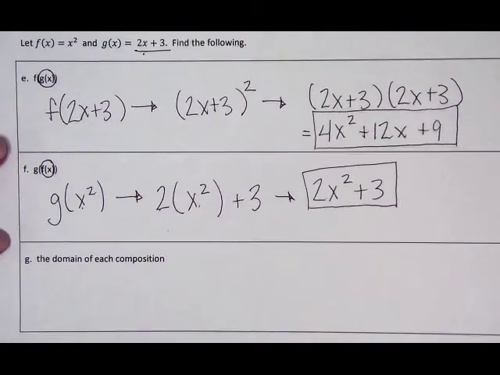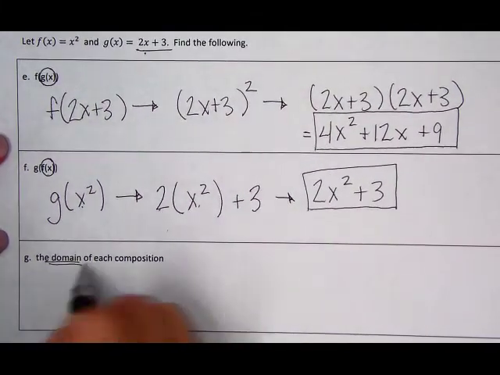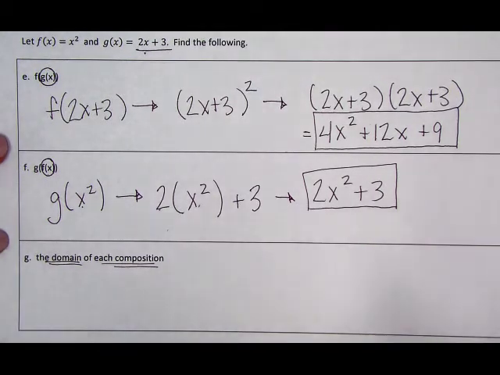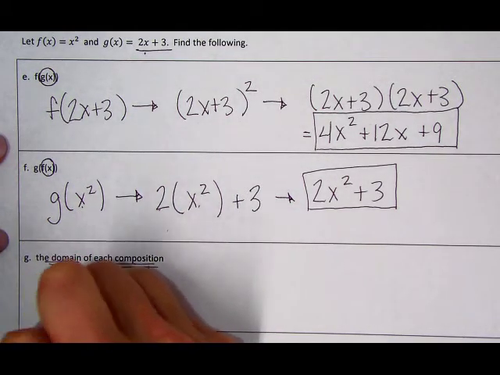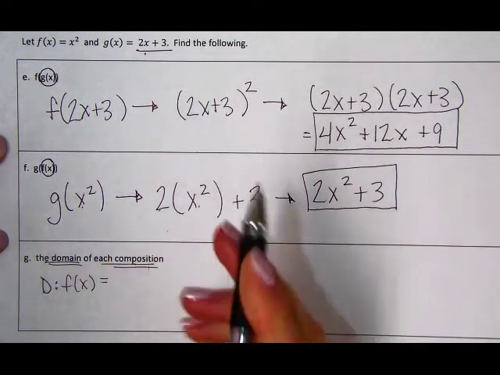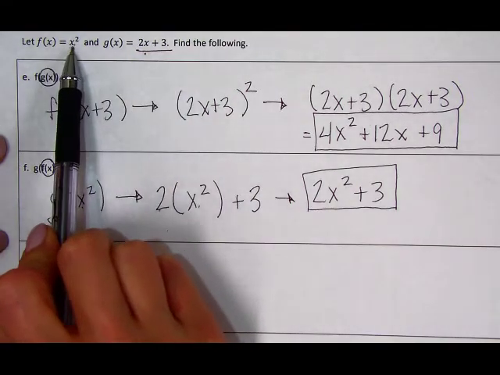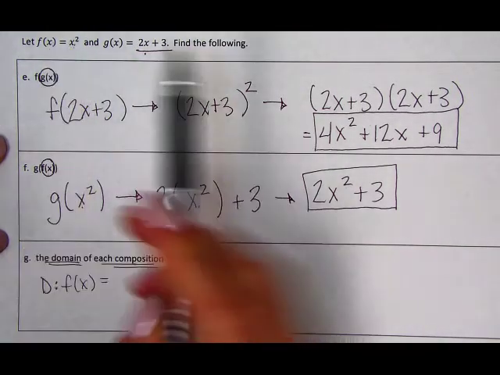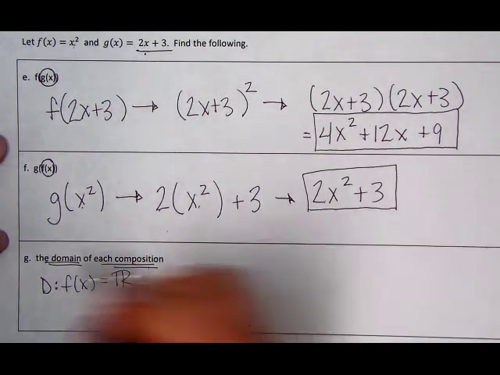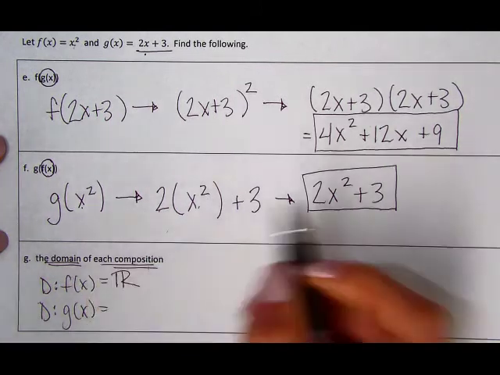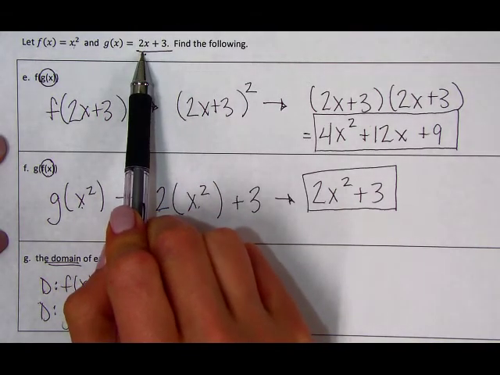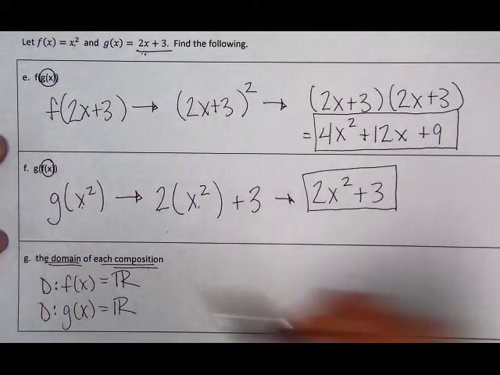Lastly, in letter G, they're asking for the domain of each composition. Before we can figure out the domain of the compositions, we have to look at the domains of each of the functions individually. So the domain of f of x: I can plug in positive, negative, and zeros and it works, so I know it's going to be all reals. My domain for g of x, I can plug in positive, negatives, and zeros, so I get all reals for that.